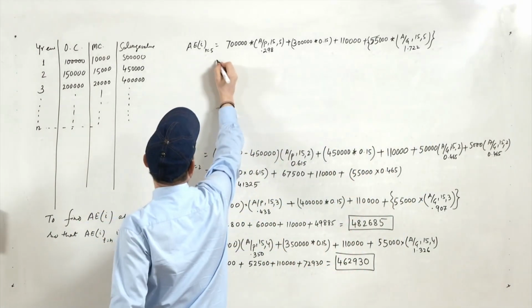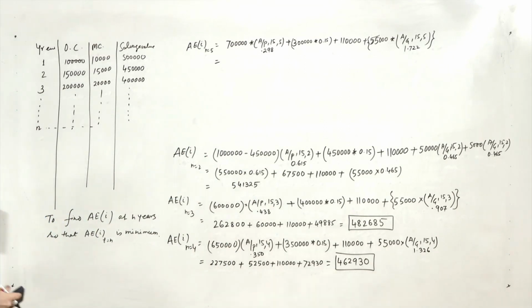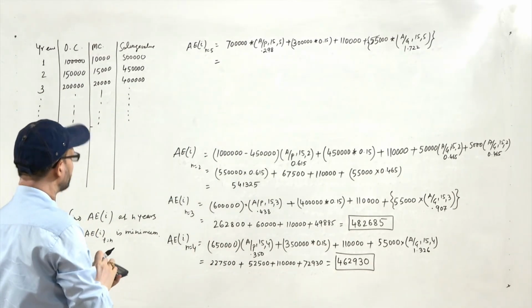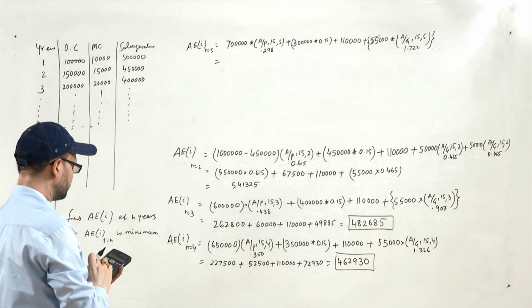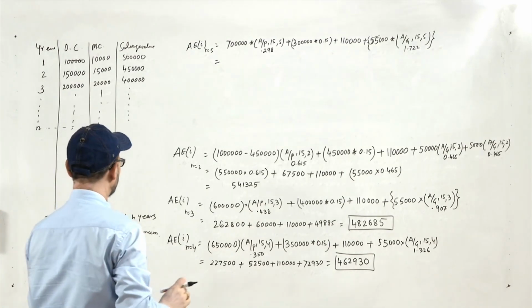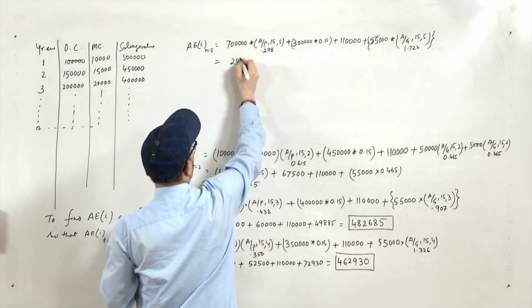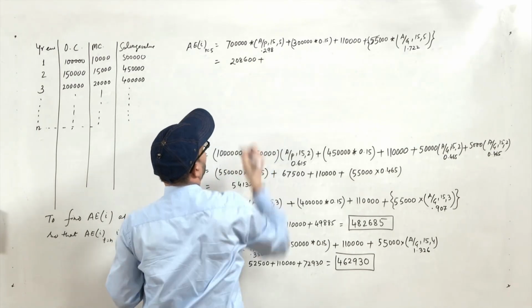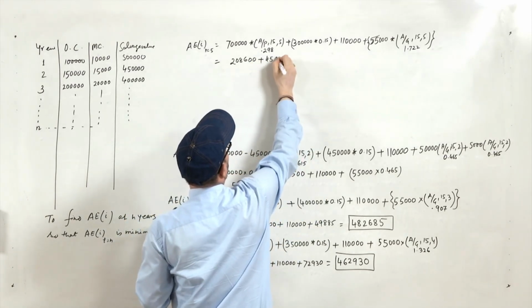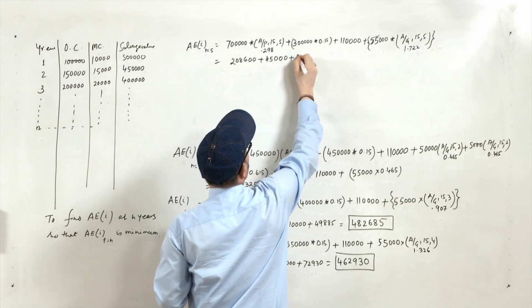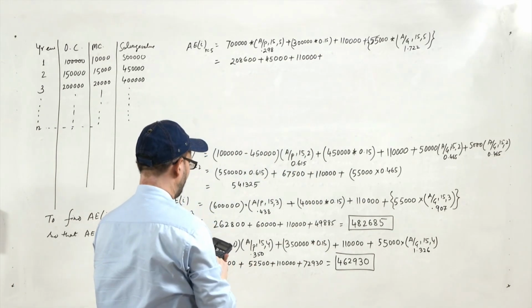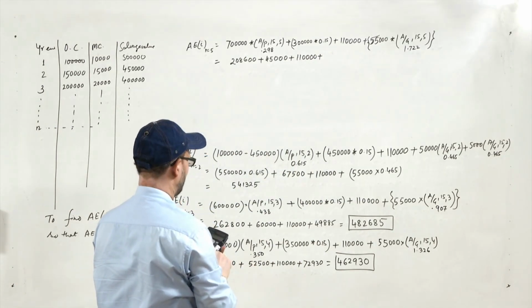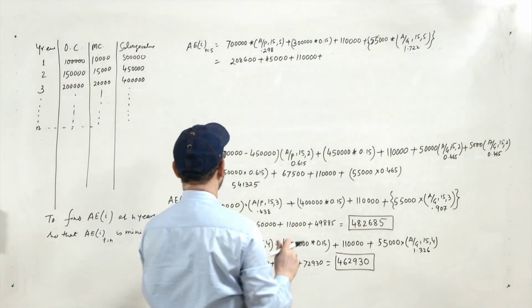So, we have to further use the calculator to get the values. 7 lakh multiplied by 0.298, so it is 208,600, plus 45,000, plus 110,000, plus 1.722 multiplied by 55,000, that is 94,710.